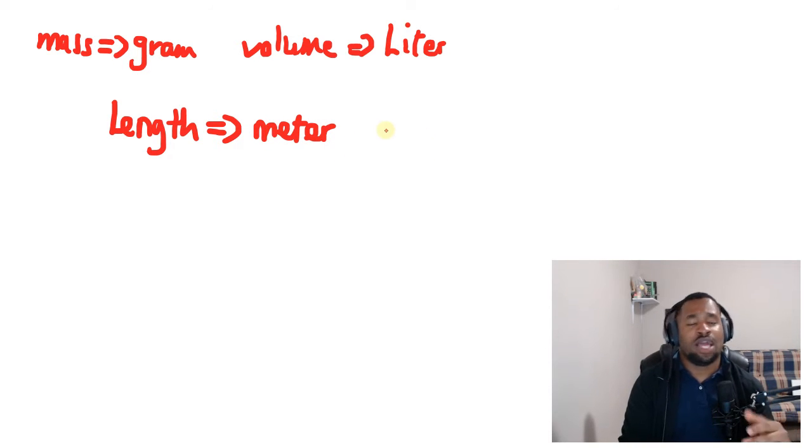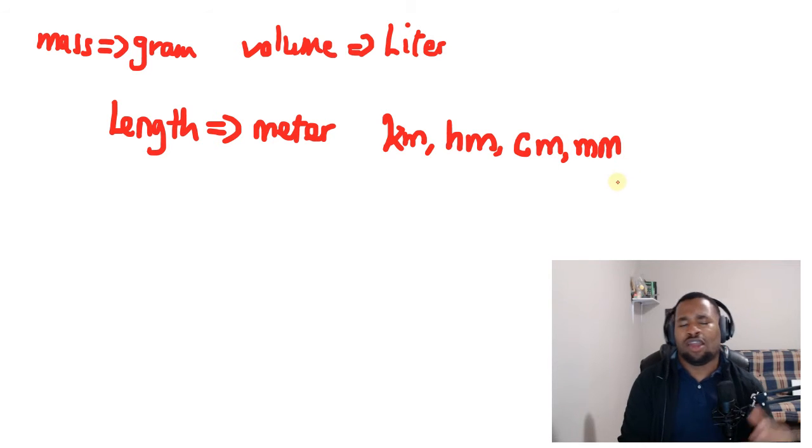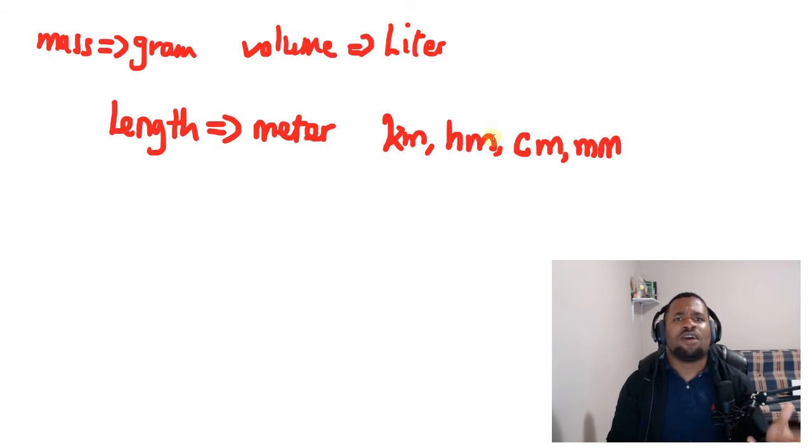Some questions will be like, the distance from one point to the other is some number in kilometers or some number in hectometers, or you can have centimeters, or millimeters, and all these different types of prefixes based on the powers of 10 for meters are the things that we're going to be looking at, in terms of various questions that are going to be coming up.